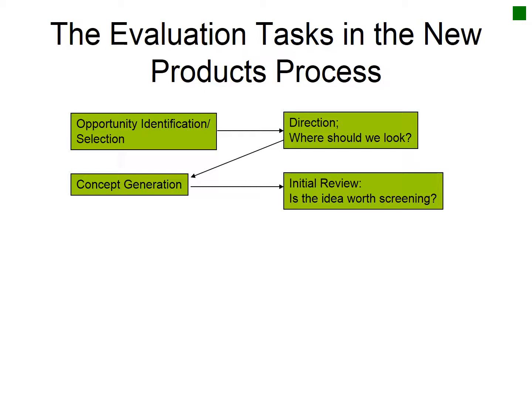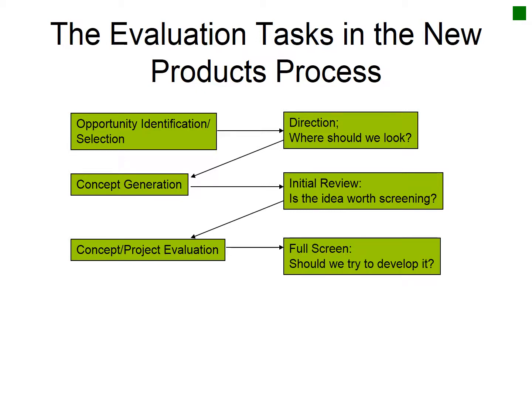Does the idea have merit? If we say yes, then we create a project out of it and we start to formulate the notion of what the product will be, what some of its features will have, what role it will play, what needs it will satisfy, and so forth.